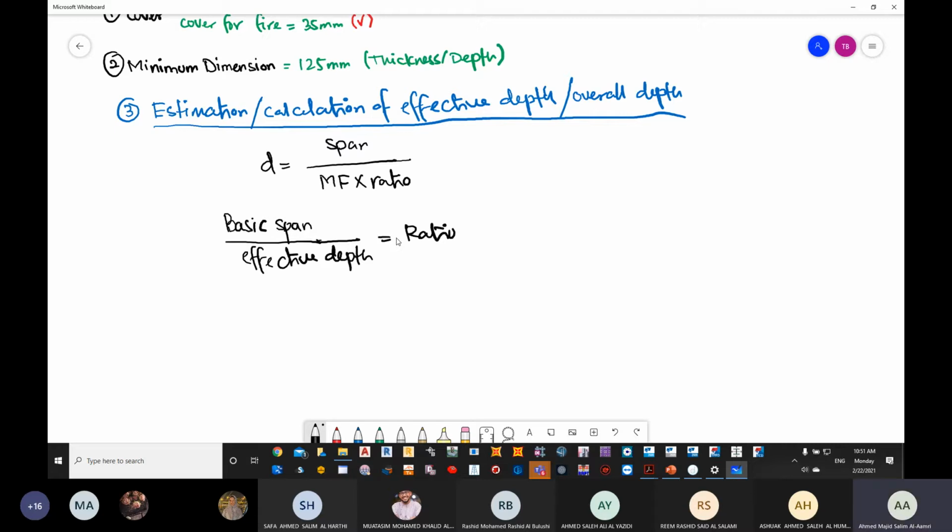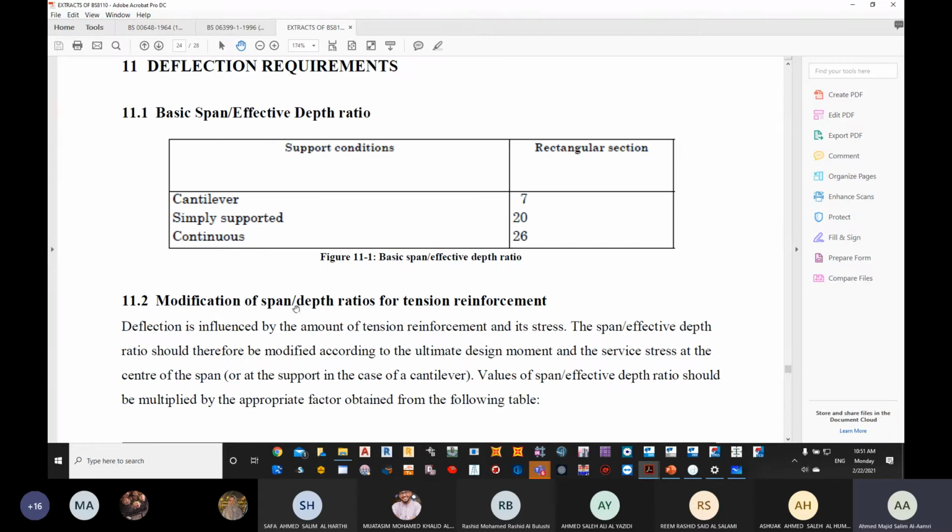Yes. Okay. And then you can see here modification of span by effective depth ratio for tension reinforcement. This is the basic, assuming a regular concrete without taking into account the reinforcement. So deflection will not only be controlled by the concrete itself, but also by the reinforcement available.